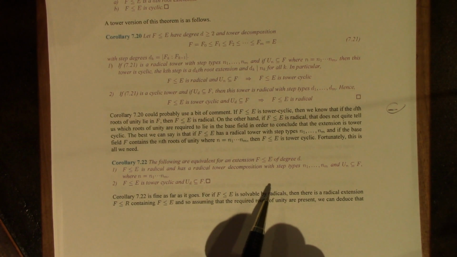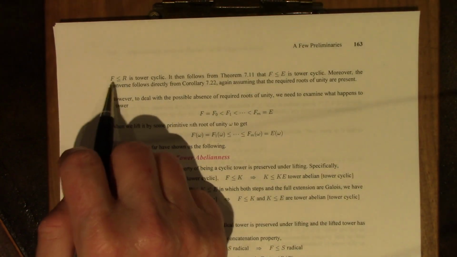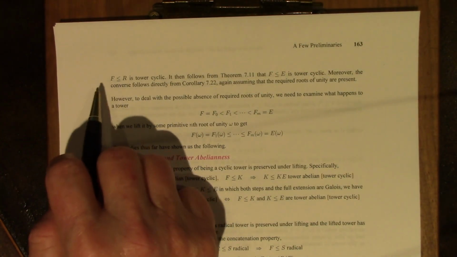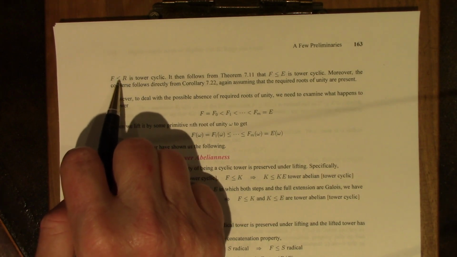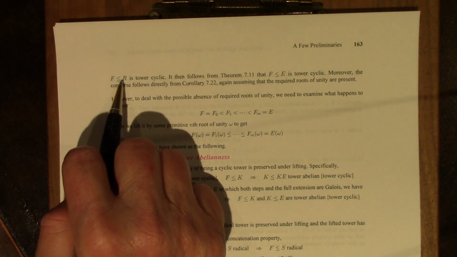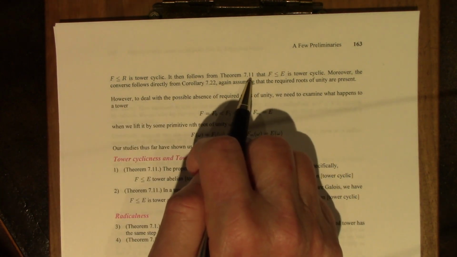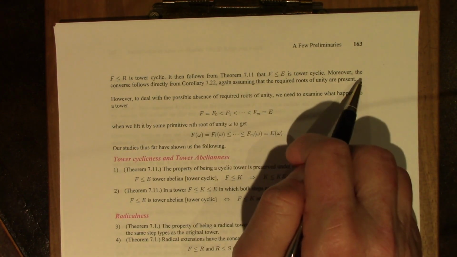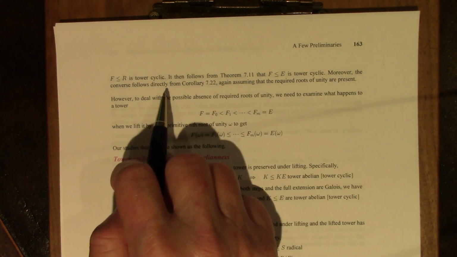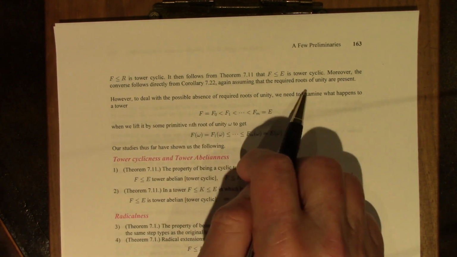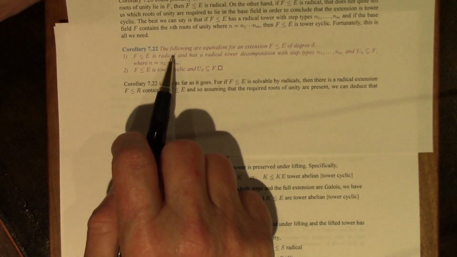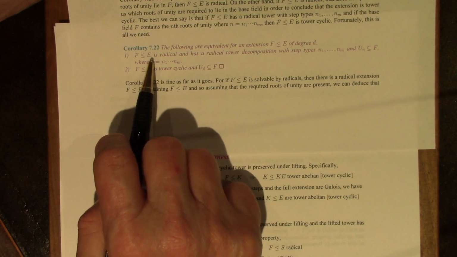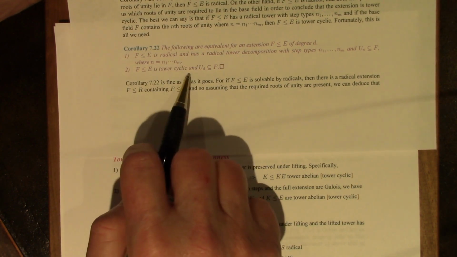But we had a result earlier that said that if a full extension like Fr is tower cyclic and we have an intermediate field and everything is Galois, then the lower step in particular is also tower cyclic. That was Theorem 7.11. The converse follows easily from the corollary, again assuming that the required roots of unity are present. So that would give us the relationship between extensions that are solvable by radicals and tower cyclic.